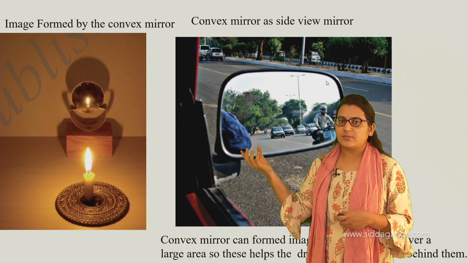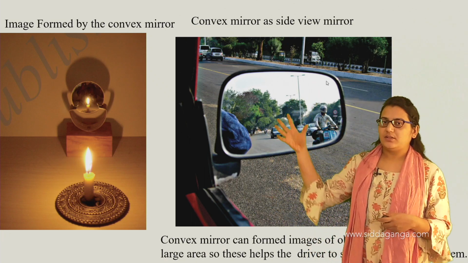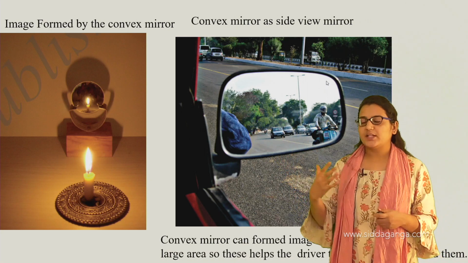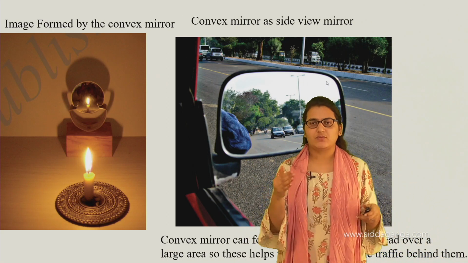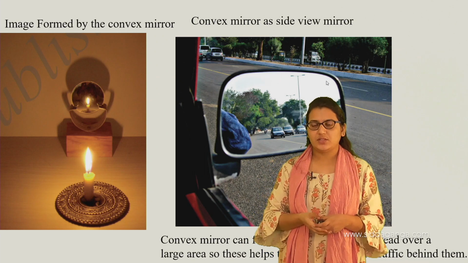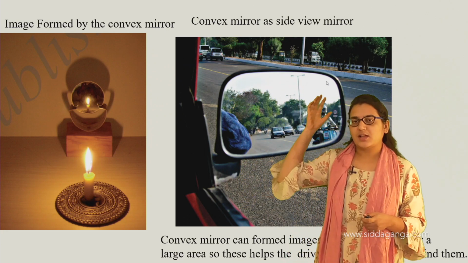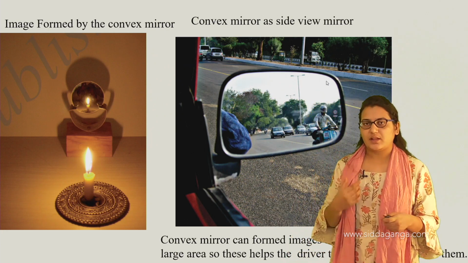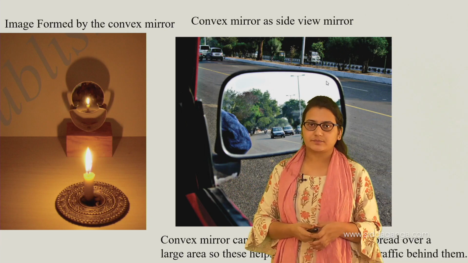But when we look at this image, we can clearly see this much traffic. It covers a large area, so we can see there is too much traffic there and we have to move fast or slow. To see a large area is helpful for the drivers. That is why convex mirrors are used in vehicles.